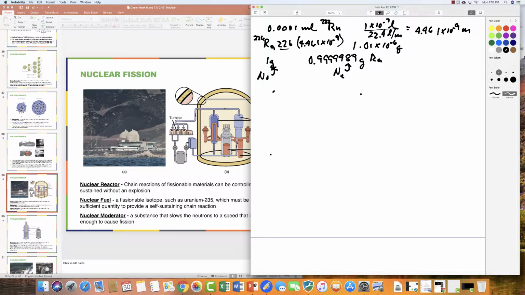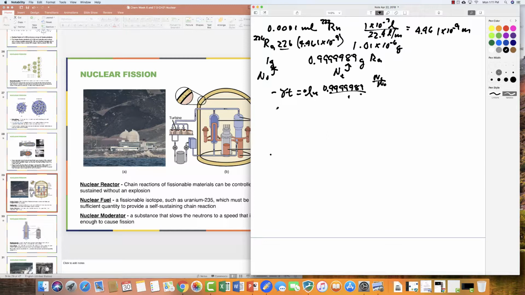And we know that minus the decay constant times time is equal to the natural log of 0.999989 over 1. That's NT over N0. And it's equal to natural log, I'm sorry.